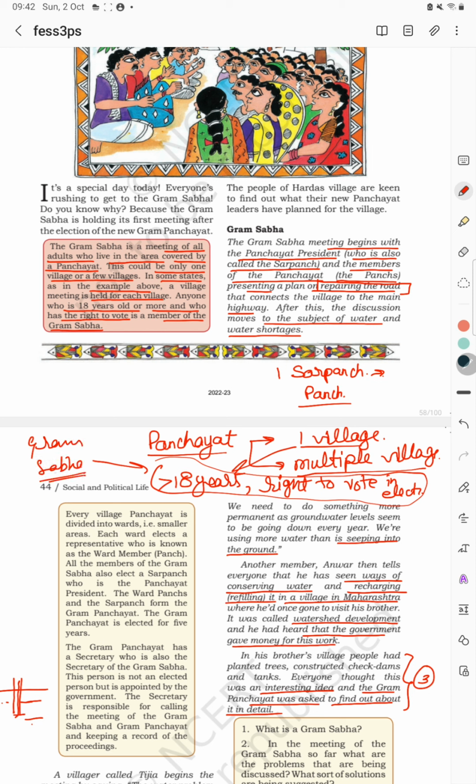Basically, all the adult population of a village who is eligible to vote in the elections are members of Gram Sabha.